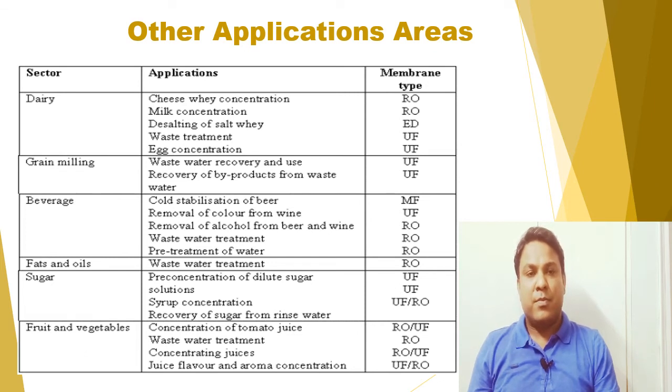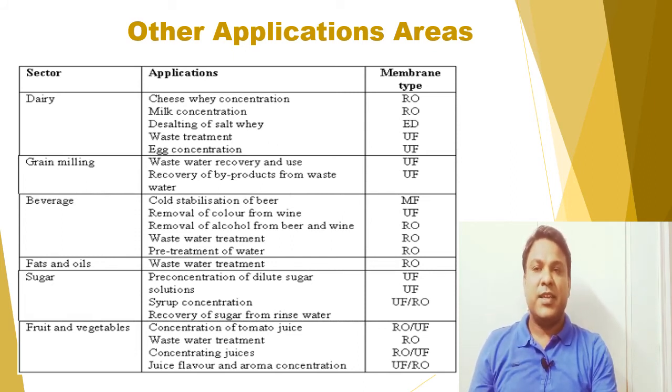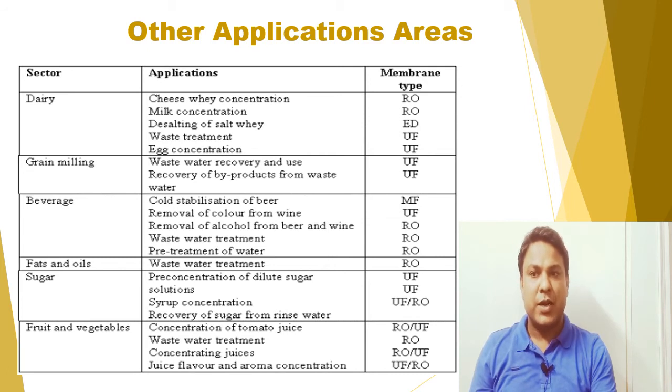Other areas where membrane technology is being used with the help of different types of membrane we have already discussed. These sectors are dairy, grain milling, beverage, fats and oil, sugar industry, fruits and vegetable industry.